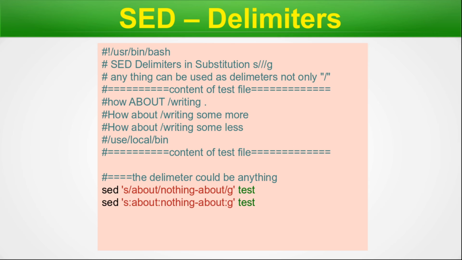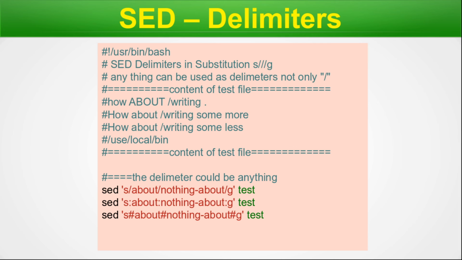And here, instead of slash, we can use colon as a delimiter. Also we can use a hash. This is very useful when we are thinking of a file path. If we have to match a file path, it becomes very confusing with the slashes inside the path.